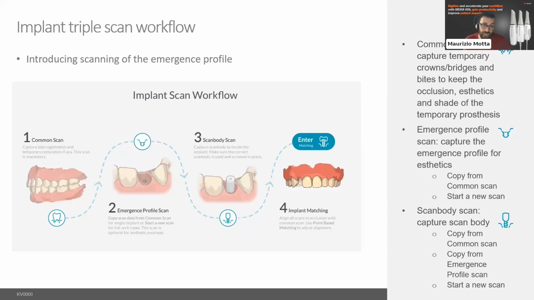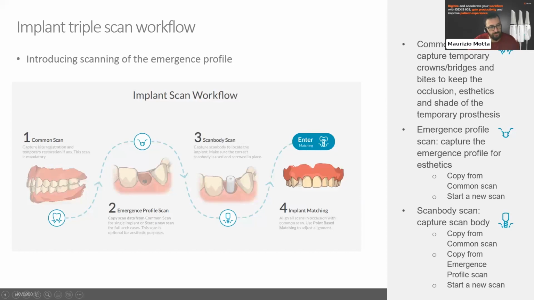In the common scan, you have the bite and you need to have the other two scans aligned with the first one. To do that, you will have the matching feature at the end that automatically aligns the three scans in the corresponding position of the bite information of the common scan.